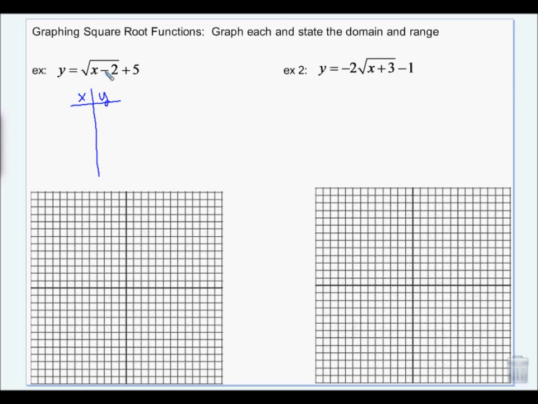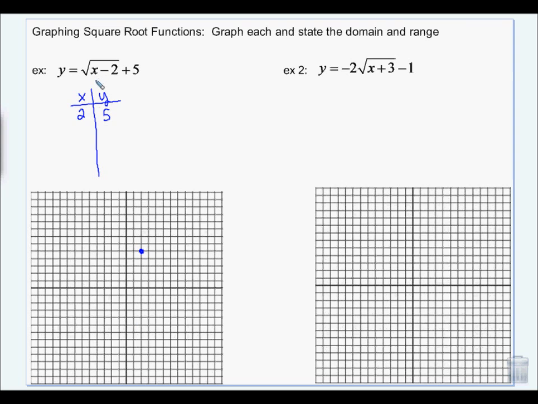My smallest perfect square is 0. So I'm going to want this to be 0, so my smallest x will be 2, which will give me 0. So the square root of 0 is 0 plus 5 is 5. So I go 1, 2, 1, 2, 3, 4, 5. That's my first dot.